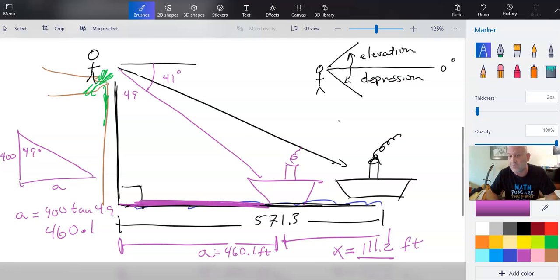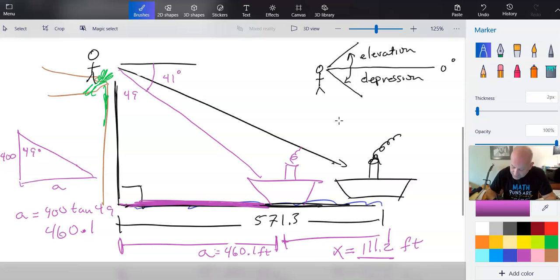And so what we did is we created a right triangle, since we knew those distances, and we figured out which trig ratio would make a ratio between the side we know and the side we're looking for. You try to make a ratio between the side you know and the side that you're looking for. You form that trig equation, and then you solve it for the side you're looking for.